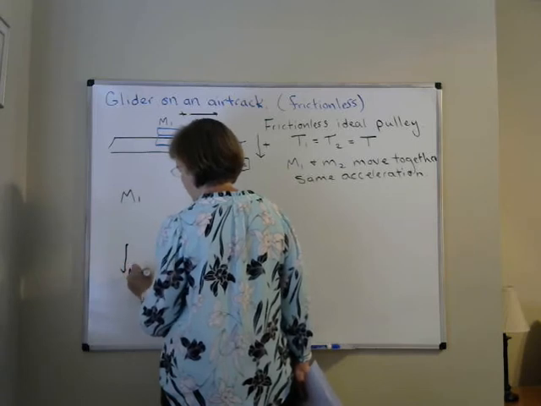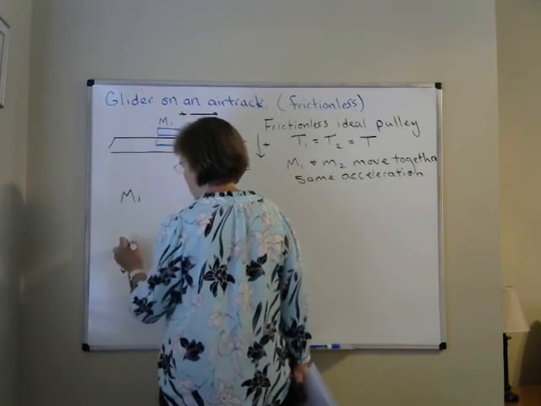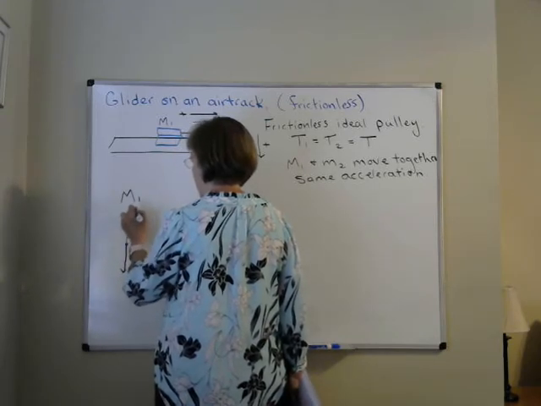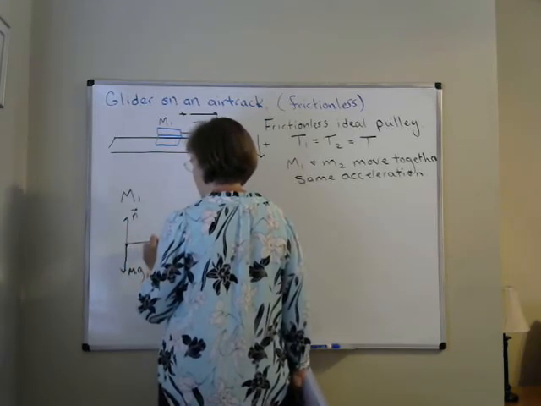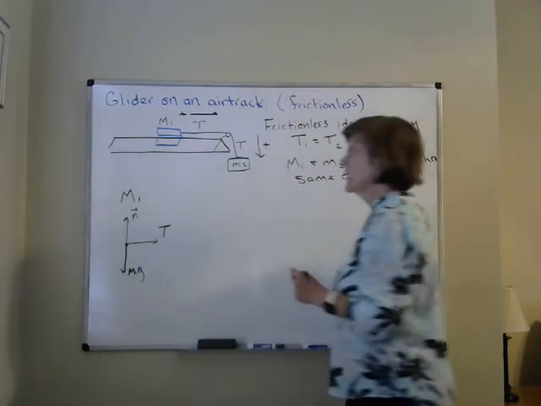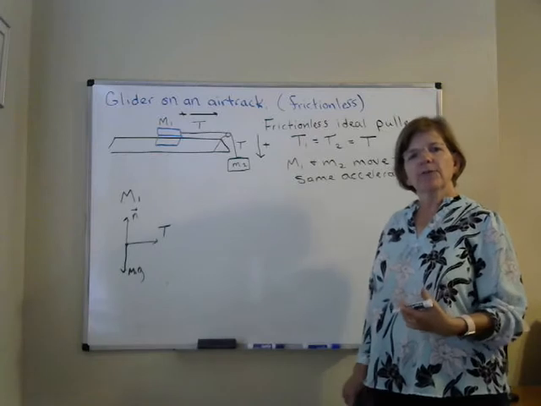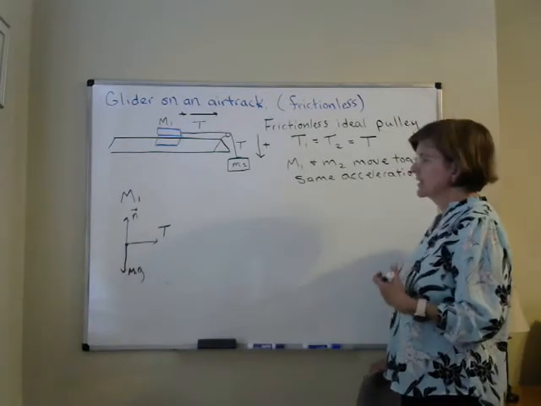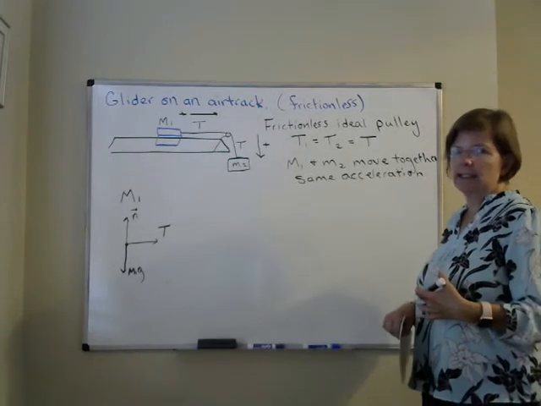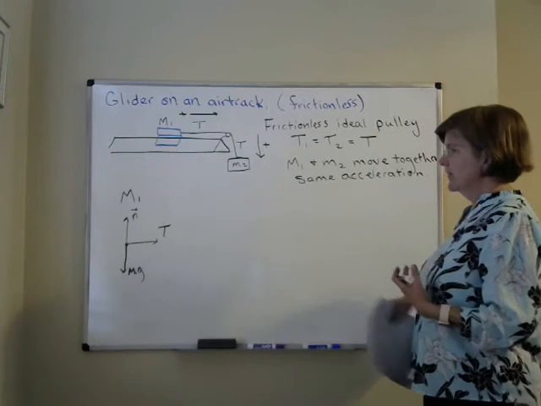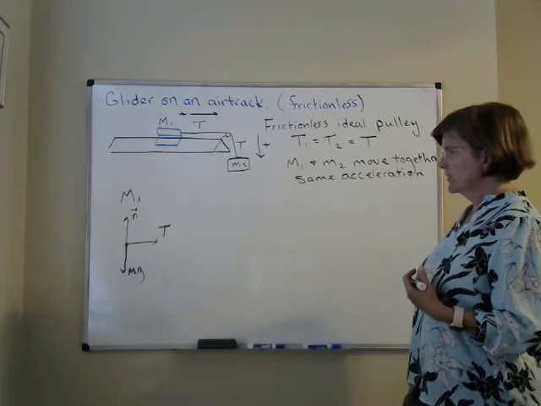Its weight would be down. There'd be a normal force up. And the tension in the string would be to the right. If we had friction, friction would be to the left, but we don't have any friction. They told us we're treating this as if this was a frictionless system. Friction's going to be in the next video. So there's the free body diagram for mass 1.